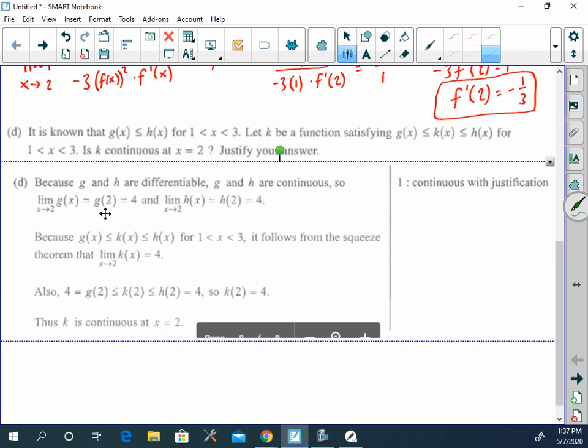And then because this one's in between those values, because of the part that they tell us right here, it follows from the squeeze theorem that the limit of K of X also has to equal 4. So they're all going to equal 4 at 2, thus K is continuous at 2.